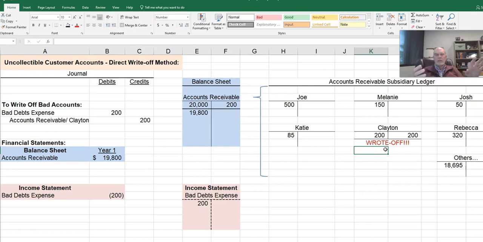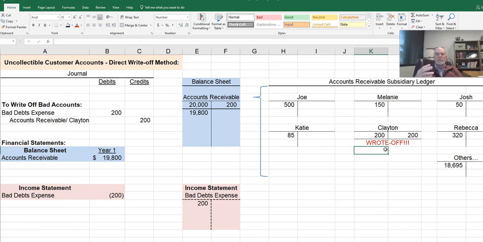If Clayton comes back in to buy on credit, then we're not going to do that because we can look it up and we can see that he didn't pay us the last time. So when we identify under the direct write-off method a customer account as uncollectible, we simply write it off to bad debt expense.